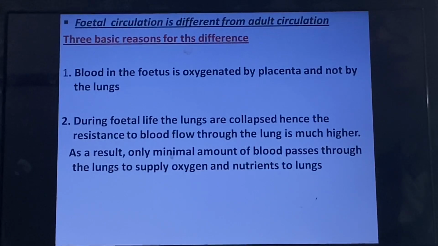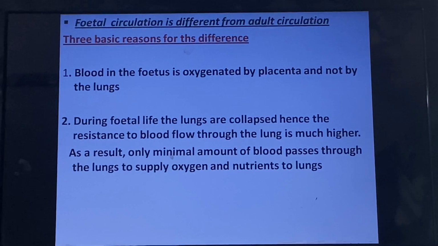Now fetal circulation is different from adult circulation. There are three basic reasons for the difference. First, blood in the fetus is oxygenated by the placenta and not by the lungs, whereas in adult circulation the purification is happening in the lung. Then, during fetal life the lungs are collapsed, hence the resistance to blood flow through the lung is much higher.